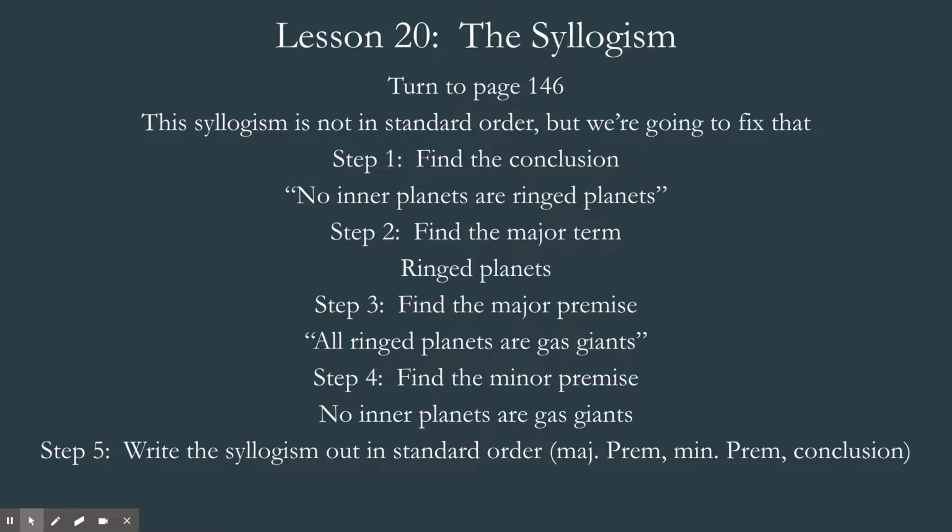Now we're going to find the major term. What is the major term of the conclusion? Jackson? It is perspicacious people. Perspicacious people. And so what is the major premise, Anna Carmichael? What is the major premise of this argument? Some perspicacious people are metaphorical masters.